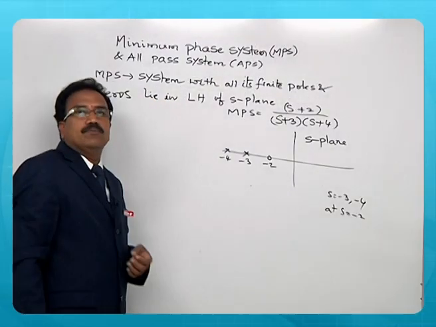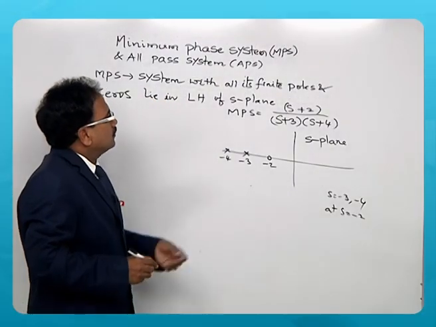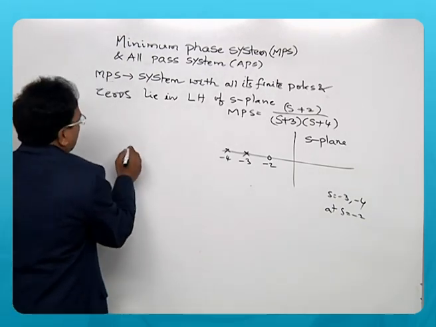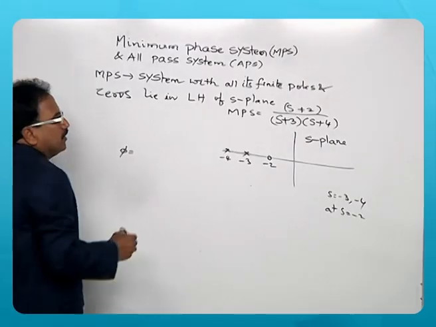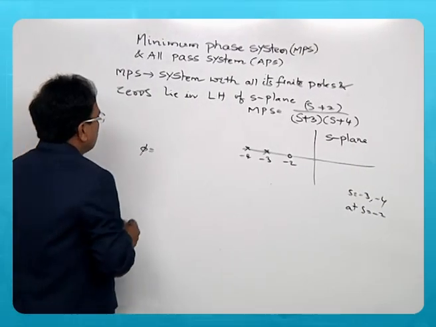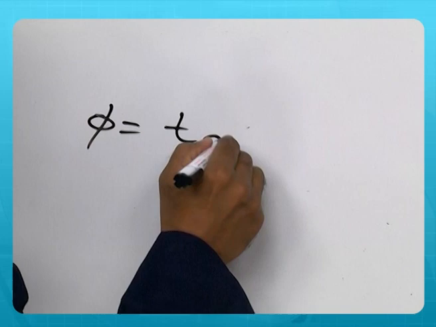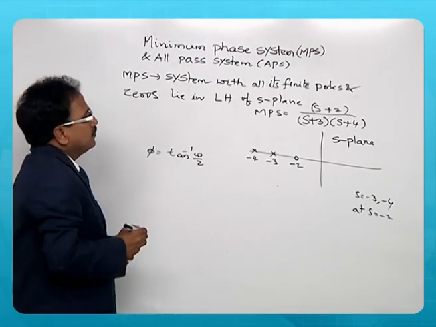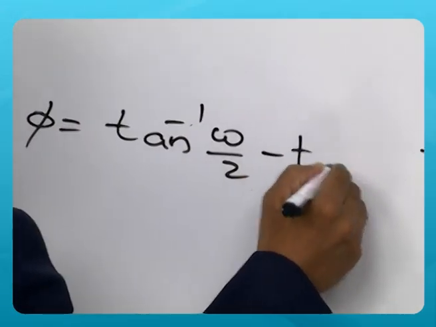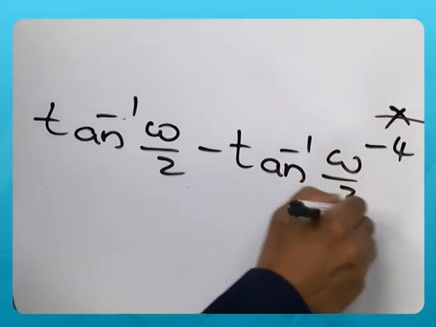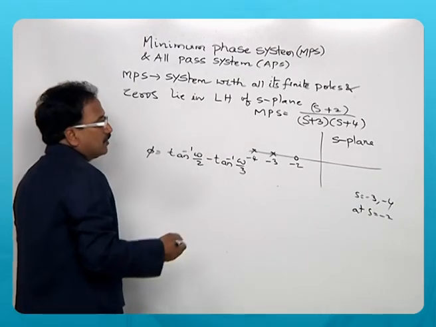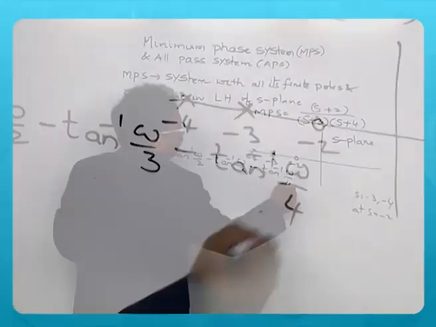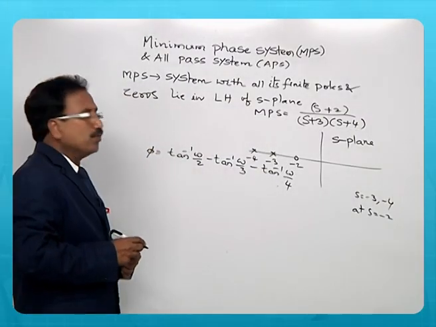So why is it called minimum phase system? When you look at this minimum phase system, if I want the phase angle of the function, it is given by tan inverse omega by 2 for the zero, minus tan inverse omega by 3 for the pole at s equal to minus 3, and minus tan inverse omega by 4 for the other pole.